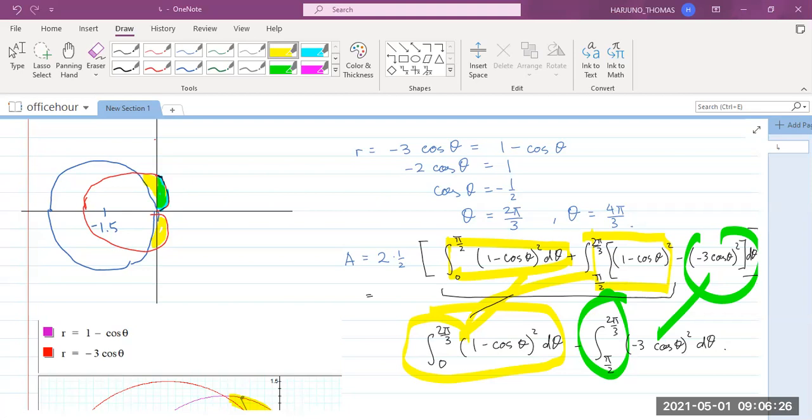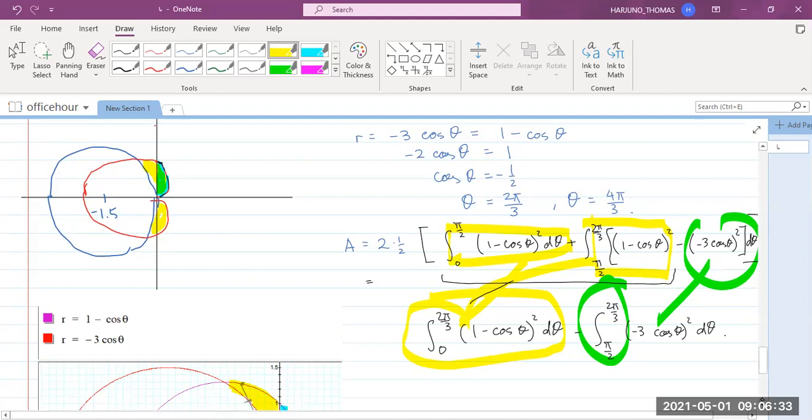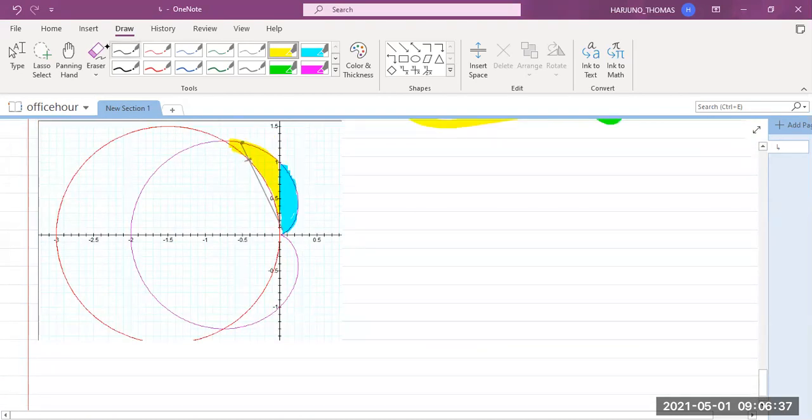Basically, the idea is, if we see here, I will get the total area from here all the way to here. Let me erase this line also.